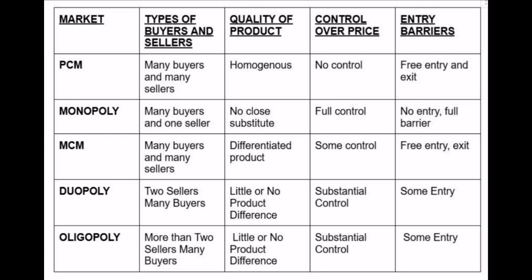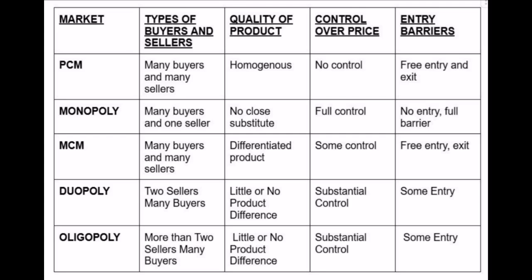So we are moving to quality of the product. There will be no close substitute, because there is only one seller and they will only sell their product. Control over price, there will be full control, because there is no other seller to set the price.